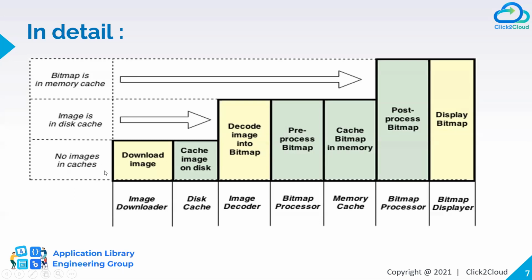And the third scenario, no image in cache: here we have to first download the image from the server and put it into disk cache, and then decode that image into a bitmap, pre-process that bitmap, put it into memory cache, then post-process that bitmap and load it into the image view. So this is the complete flow of image loading.